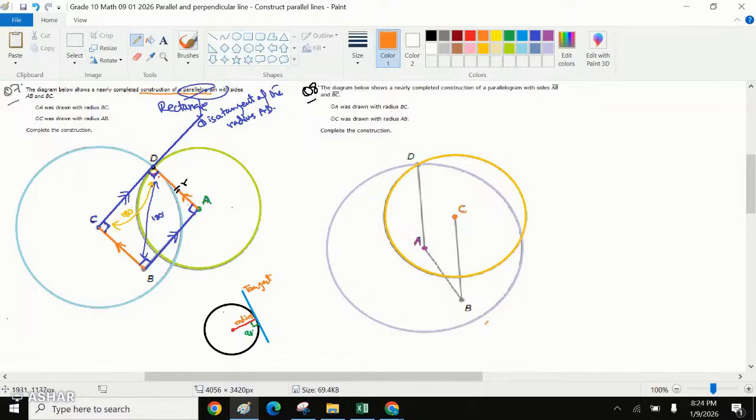So can we say that the given length of AD should be equal to the radius of the larger circle? So we want to draw a line that is off center of the larger circle, not starting from the center, but the length is the same, right? So can we draw a line B and C? Agreed? If we draw the line B and C, we can say that the length of AD and the length of BC is the same.